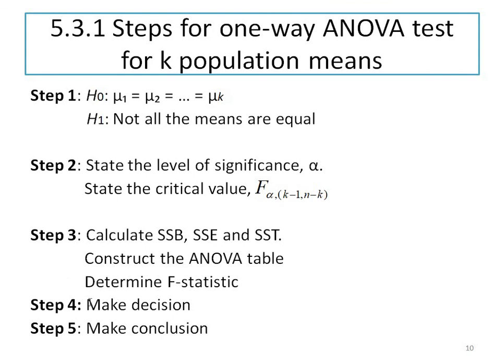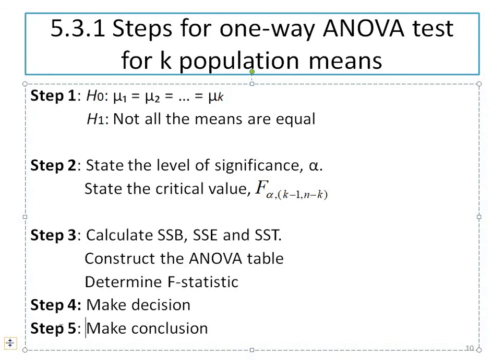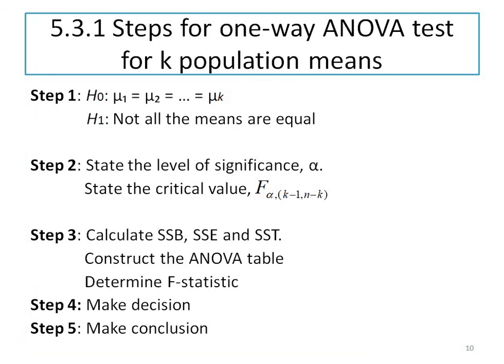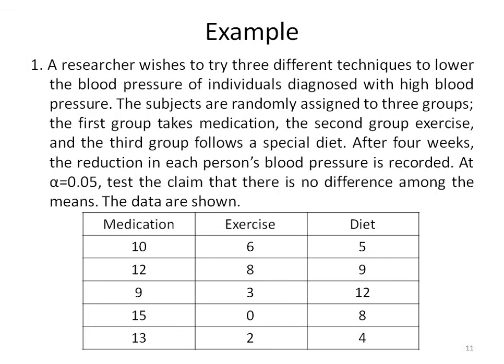Next, making decision, which means that accept or do not reject or reject the null hypothesis. And last step, making conclusion. That's all 5 steps for one-way ANOVA test. Later on, we will discuss the example.